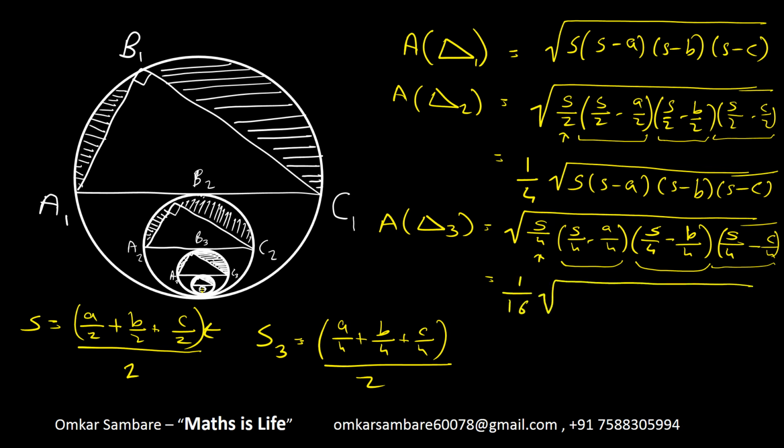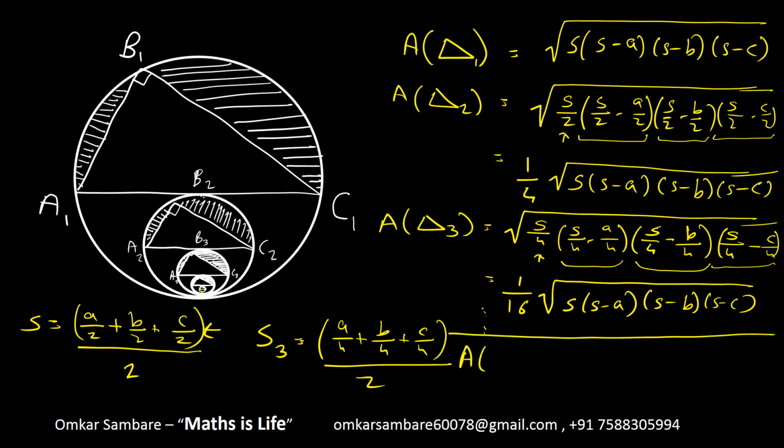And again under the root the same thing will remain, s into s minus a into s minus b into s minus c, and it will continue for all triangles. Now I am getting the addition of the areas of all those shaded or not shaded triangles.